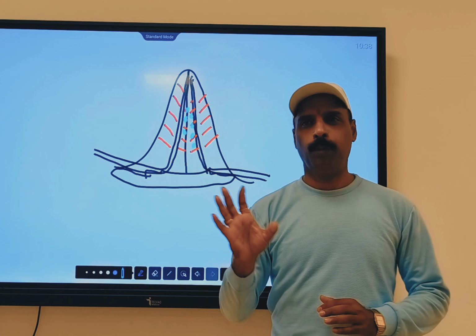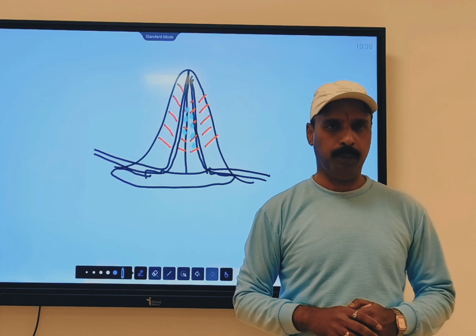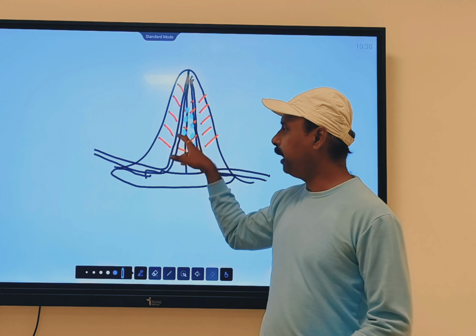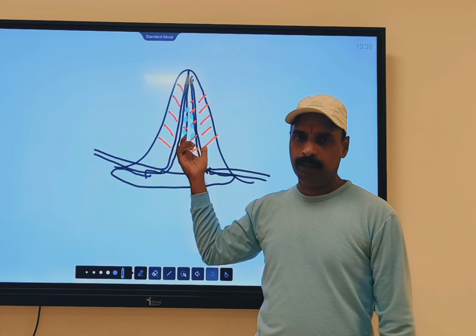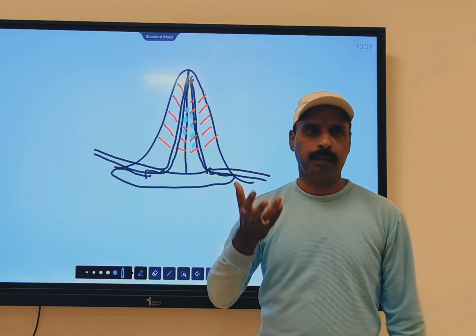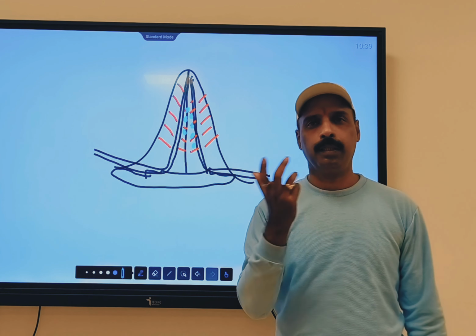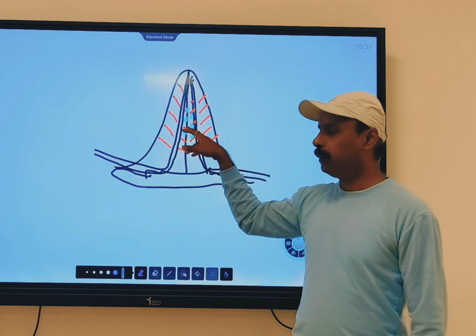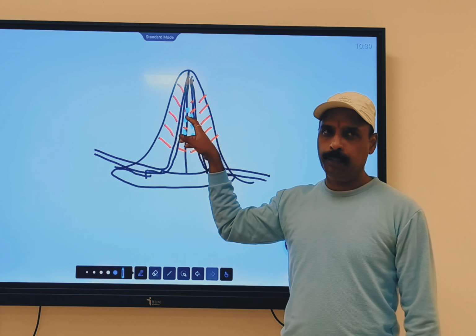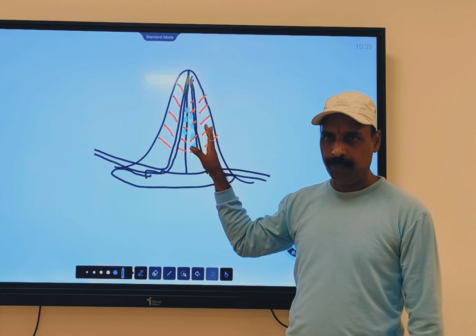Whenever you get an injury or infection in the draining area, the submental lymph nodes are enlarged. So these small 2 to 4 submental lymph nodes are the main content of the submental triangle.